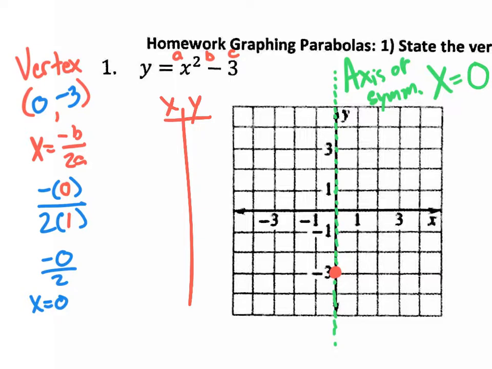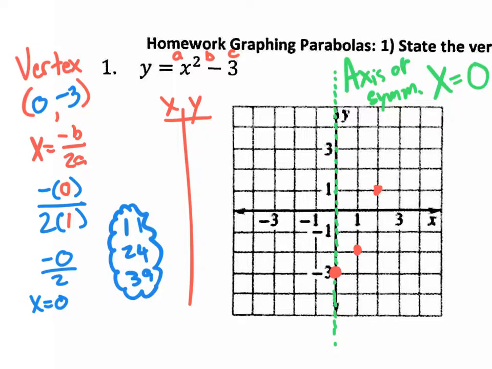So I want to go with the pattern. Let me write the pattern right here: 1, 1, 2, 4, 3, 9. So instead of using the XY table, from the vertex I want to go 1 over, 1 up and put a dot right here. And then I'll go back to the vertex and go 2 over, 4 up. So from the vertex, 2 over, 1, 2, 3, 4 up and put a dot right there.